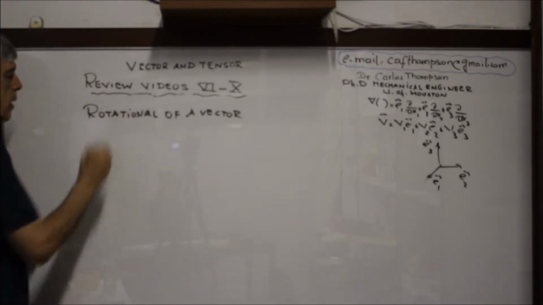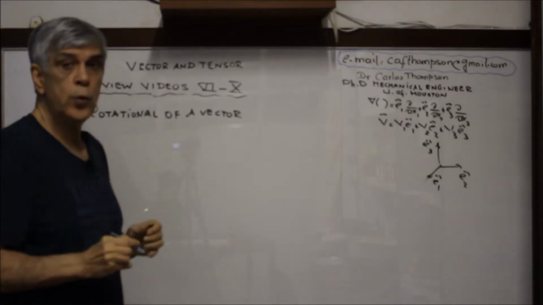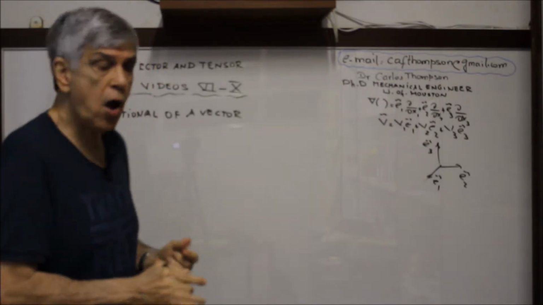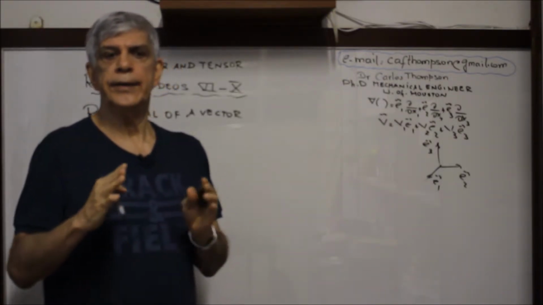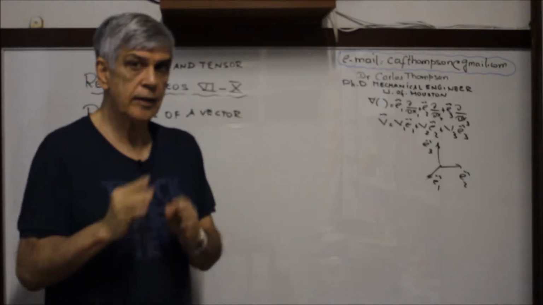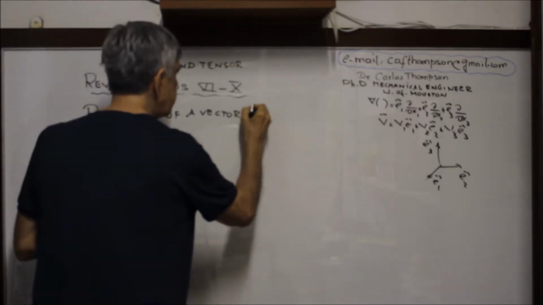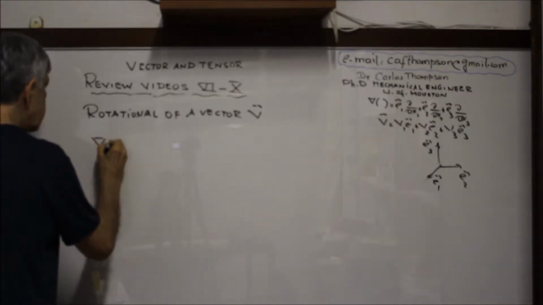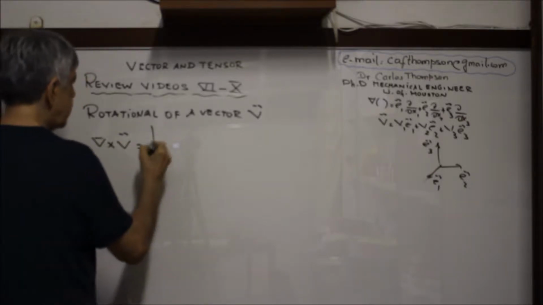Okay. Rotational of a vector. Okay, now we are doing a representation of gradient, divergence, and rotational in the Cartesian notation, see? Cartesian coordinate notation. That's why we repeat here rotational of a vector. Let's put a vector v. We did this before, so the rotational of v, you see, you have the determinant.